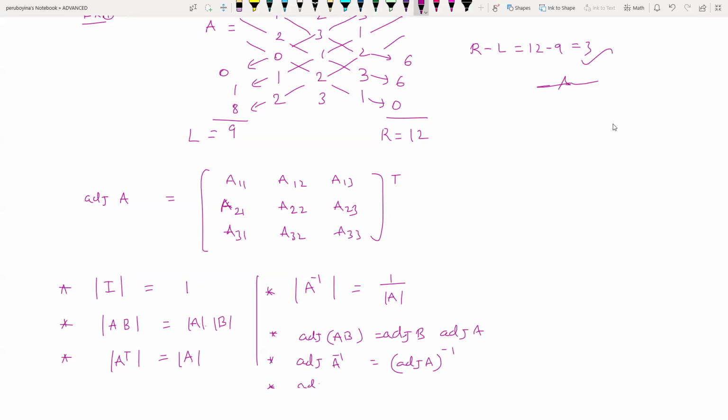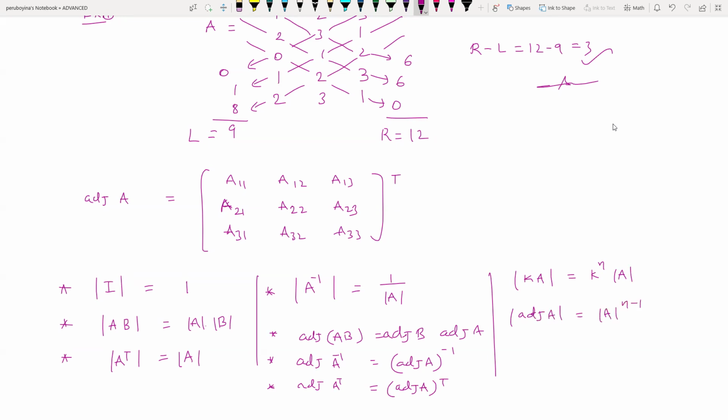And next, adjoint of A transpose is equal to adjoint A whole transpose. And determinant of K into A is equal to K power N into det A. And next, determinant of adjoint A is equal to det A power N minus 1.